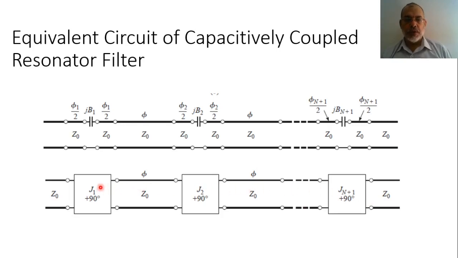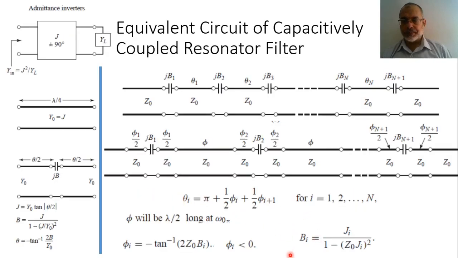The value of the admittance inverter is obtained from the value of the admittance B.